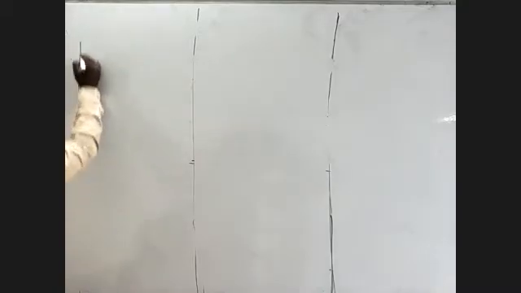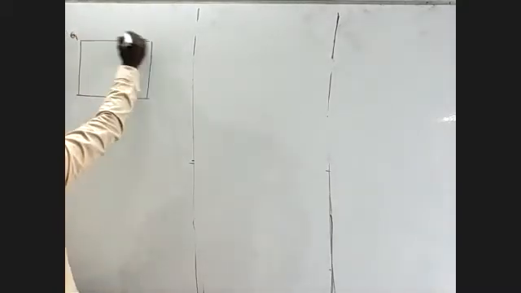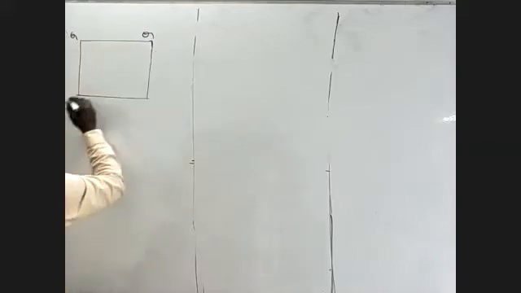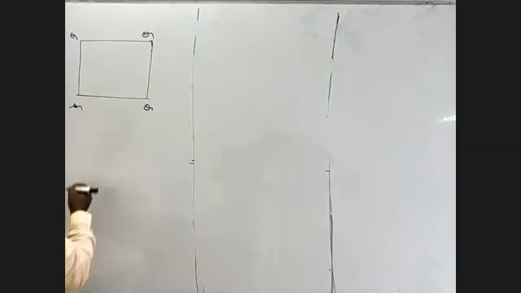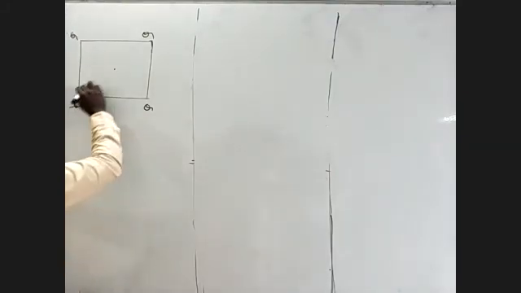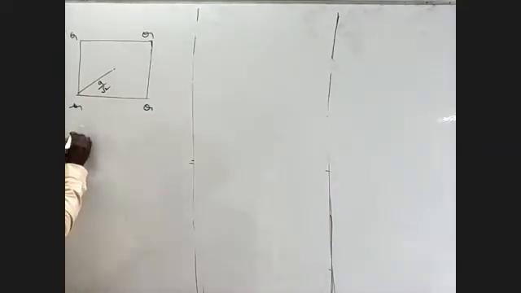This is the next model. This is a square. At this corner, capital Q, then Q, minus Q, plus. From here to the center point is A by root 2.